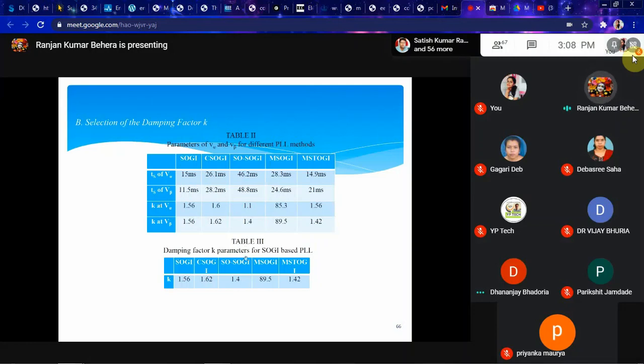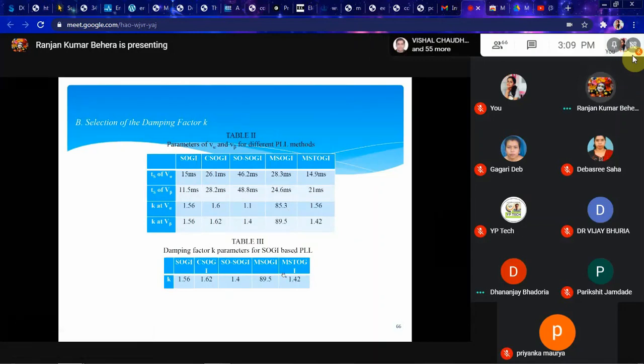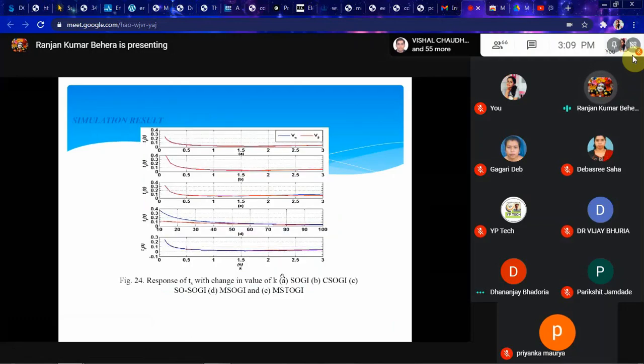These are the different parameters and V alpha, V beta for different PLL methodologies. These are very important. And you can see that as you vary the damping factor parameter K, you can get different parameters.